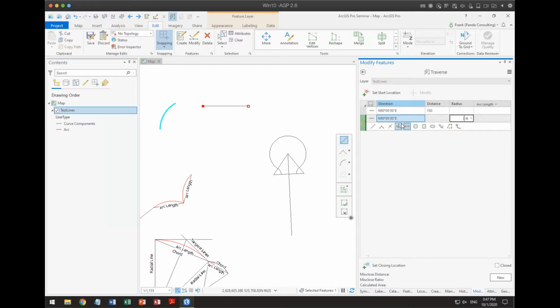So let's make this a 250-foot radius. And then the next thing is, how do we put in one of those other parameters? And remember, the parameters are the chord distance, the arc length, or the central angle. Well, it turns out that we actually have them in a pull down here.